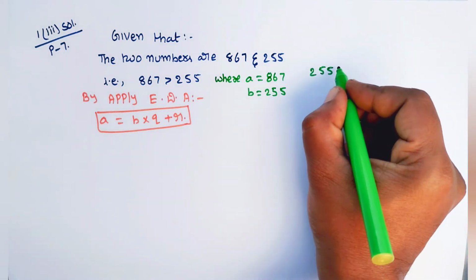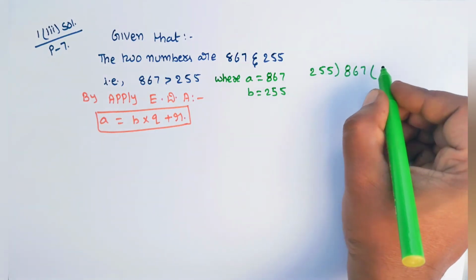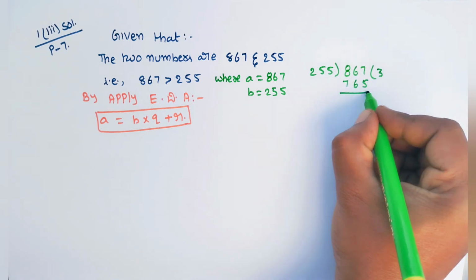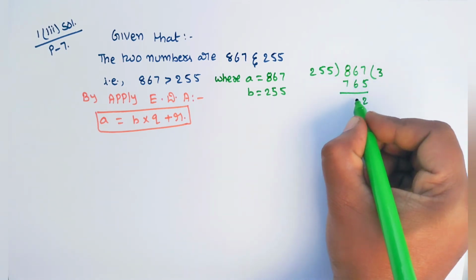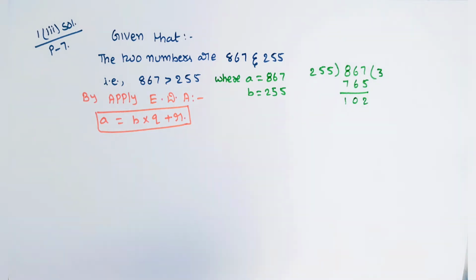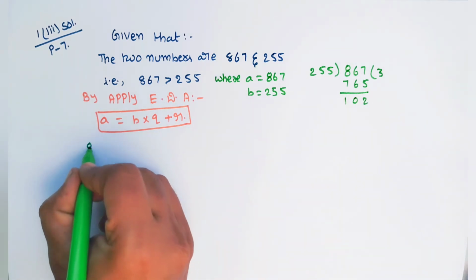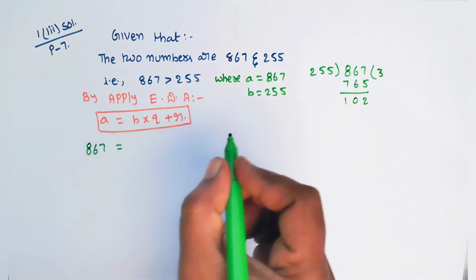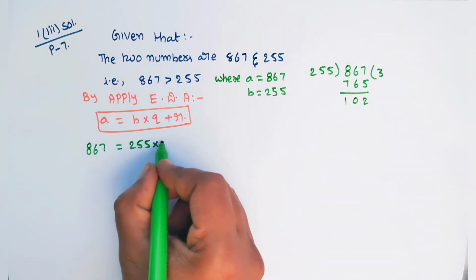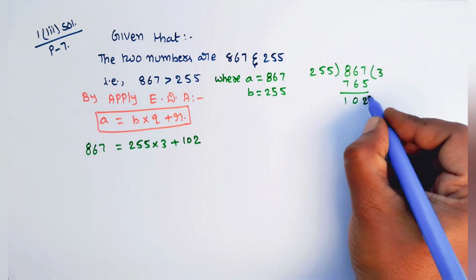So 255 divides 867. 255 3s are 765. 7 minus 5 is 2, 6 minus 6 is 0, 8 minus 7 is 1. Now A value 867 equals B into Q, that is 255 into 3 plus remainder 102.